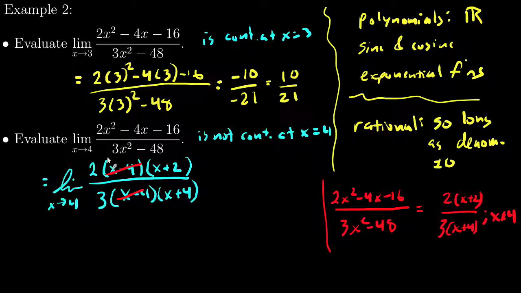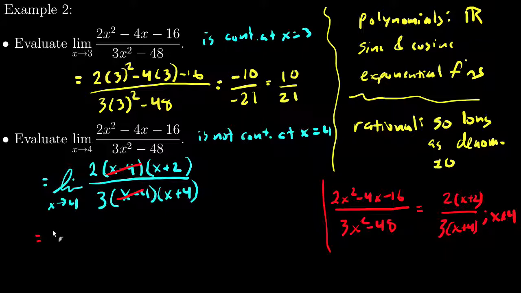But here's the thing. This is the limit as x approaches 4. I don't care what happens at 4, I just need to figure out what happens close to 4. So this here is continuous at 4, the 2/3 and the x plus 2 over x plus 4, and I can just put the 4 in now because I've sort of extended this function by getting rid of the hole.